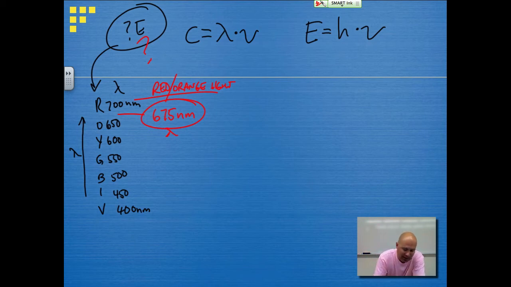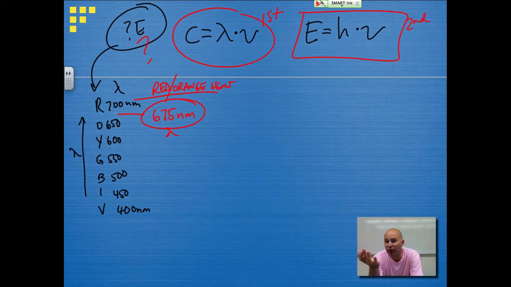The wavelength is given. Now, I want to use this formula first, and then this formula second in terms of solving for my energy, because that's what I really want. I'd love to use this one first and just be done with it, but because I don't have the frequency, I have the wavelength, I've got to solve for frequency first.